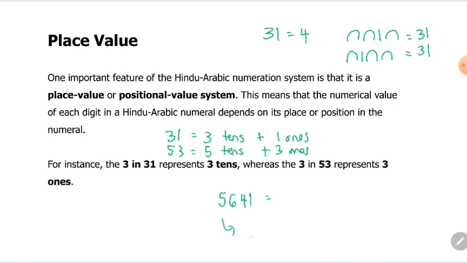So for example, here you would need 5 lotus flowers, and here you will need 6 scrolls, and here you would need 4 heel bones and then 1 stroke. So the writing would tend to be very long if you have larger numbers. But in the Hindu-Arabic system, it's much shorter to write 5,641 because of our place value system.